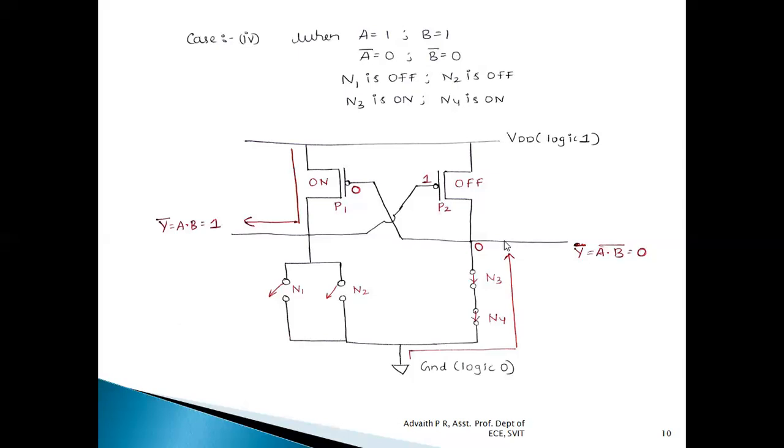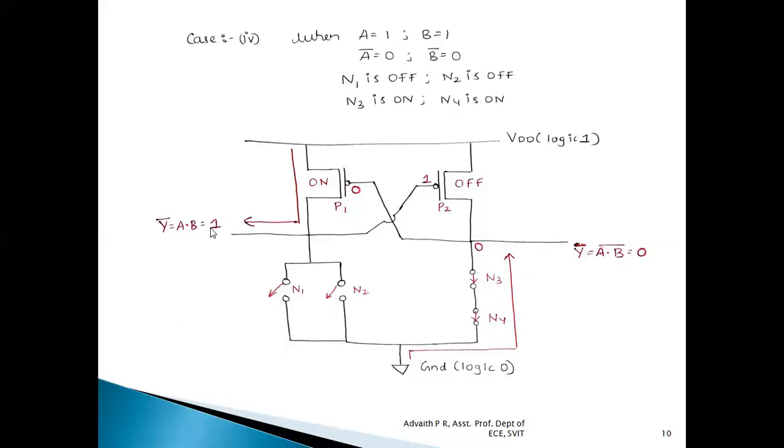This output of the NAND gate is in turn connected to the gate terminal of the P1 MOSFET. So when the gate input of this MOSFET is given as 0, the P1 MOSFET turns on, and there is a connection established between the source and the drain terminals of the P1 MOSFET, and hence logic level high, logic level 1, is transferred to the output section of the AND gate.